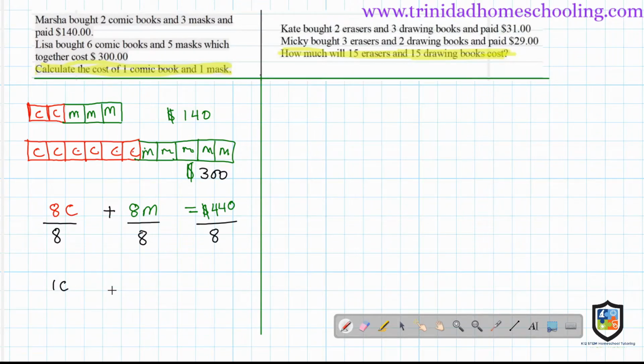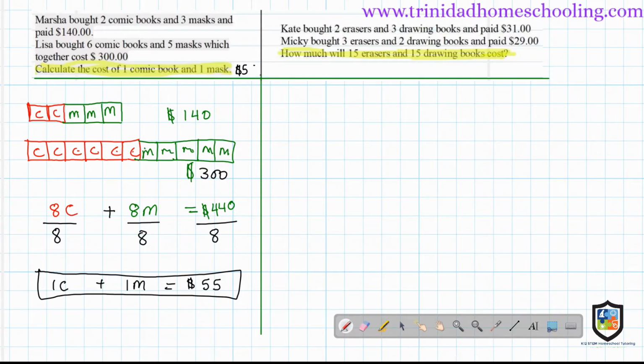1 comic book and 1 mask, and 440 divided by 8 will give me $55. And in 1, 2, 3, 4, 5 steps, I have my cost of one comic book and one mask, which is $55.